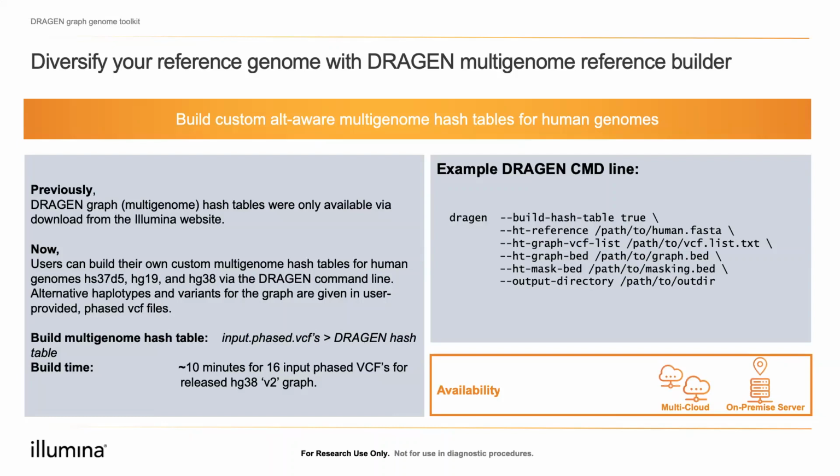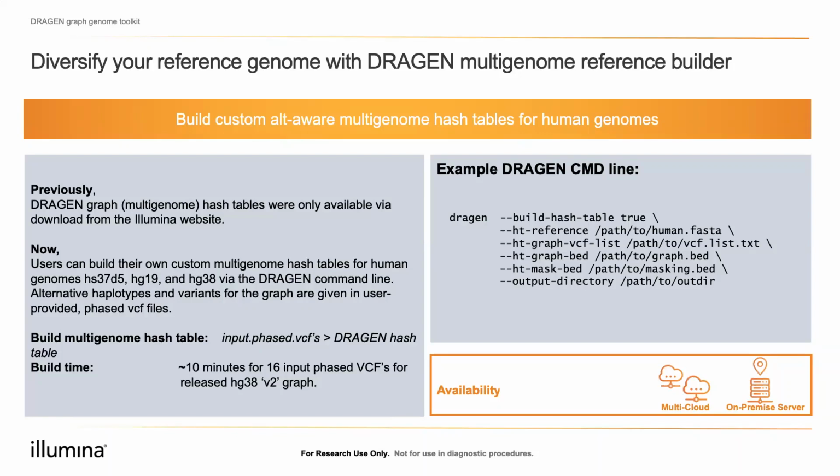Previously, the DRAGEN Graph or multi-genome hash tables were only available via download from the Illumina website. So we created our own multi-genome reference for our customers to use, but now users can build their own custom multi-genome hash table, only for human genomes so far. So HS37D5, HG19, and HG38 reference genomes.